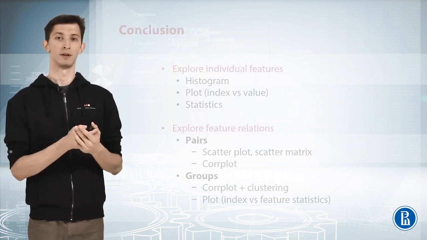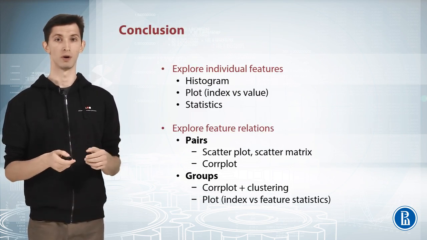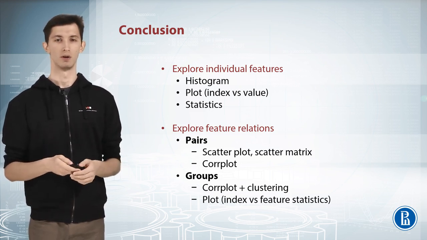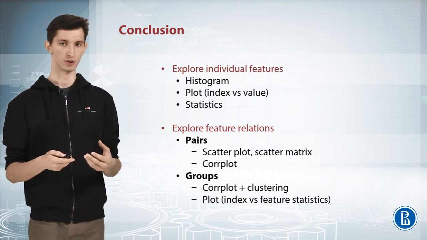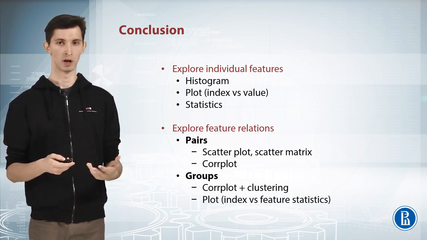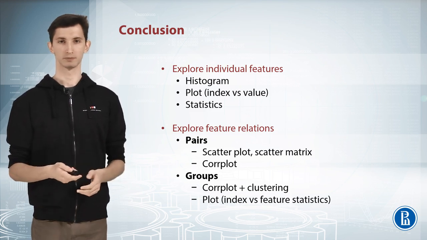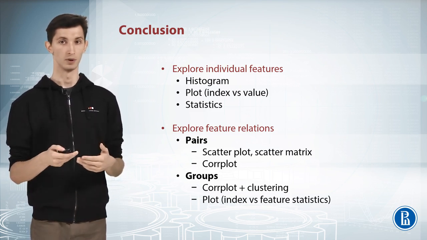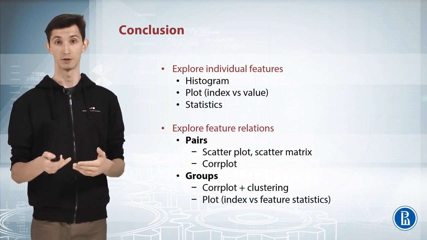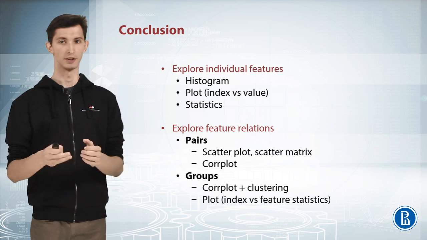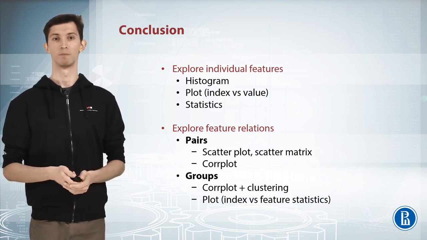So, finally, in this video, we were talking about the tools and functions that help us with data exploration. For example, to explore features one by one, we can use histograms, plots, and we can also examine statistics. To explore a relation between the features, the best tool is a scatter plot. Scatter matrix combines several scatter plots and histograms on one figure.